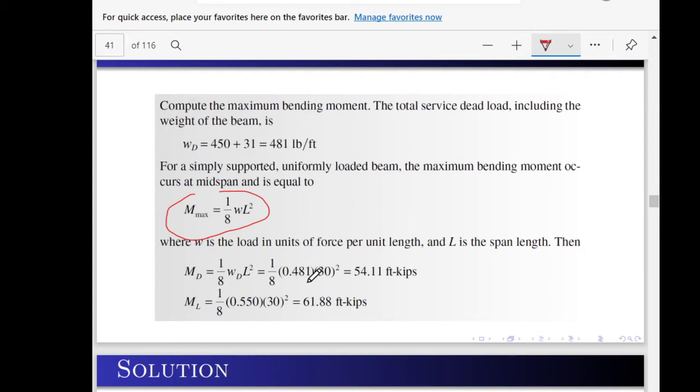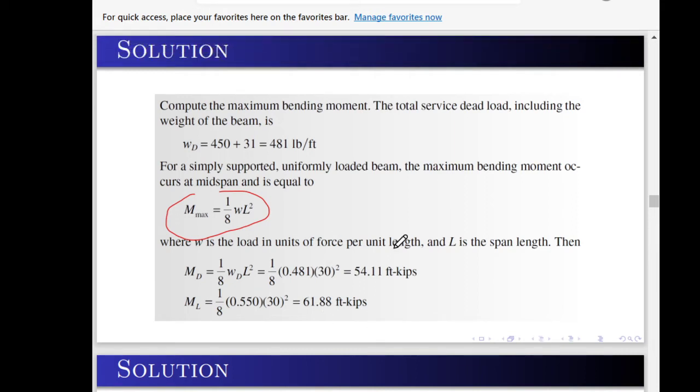For the live load, M sub L is 1/8 times 550 pounds per foot, or 0.550, times the length of the beam, 30 squared. The answer is 61.88 foot-kips.